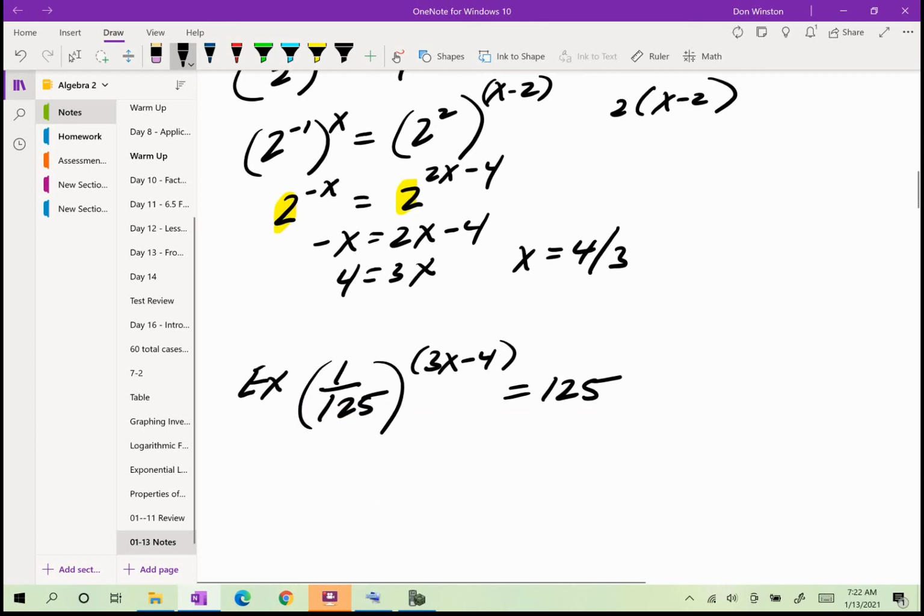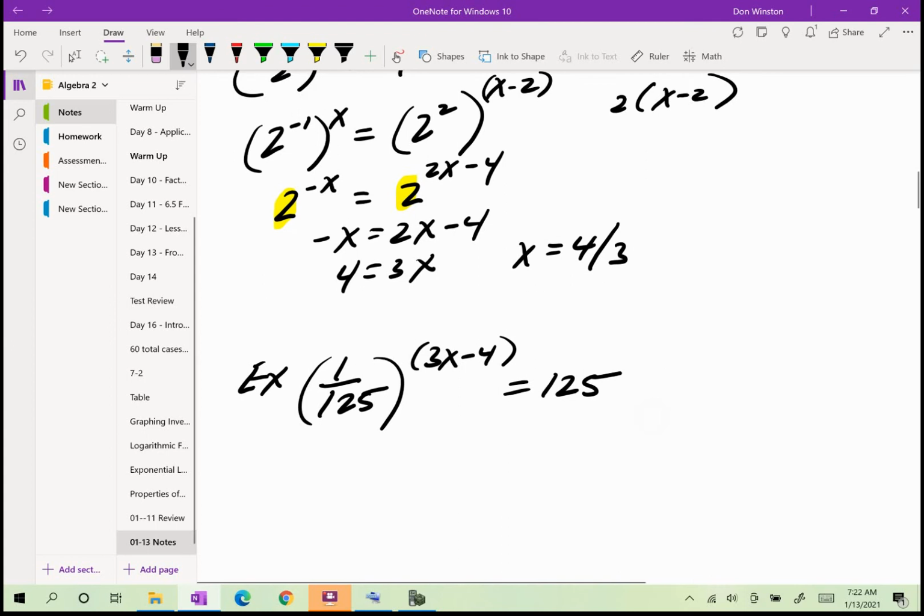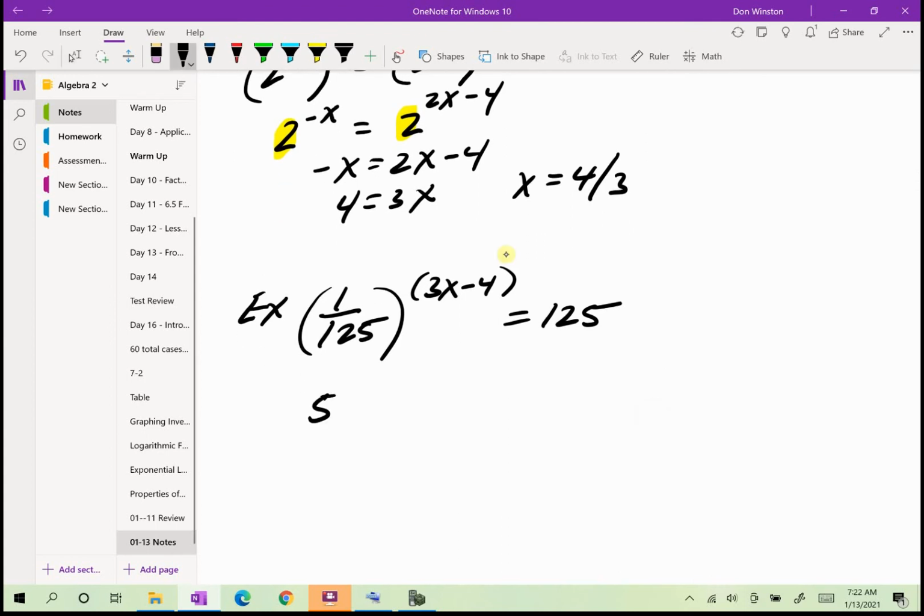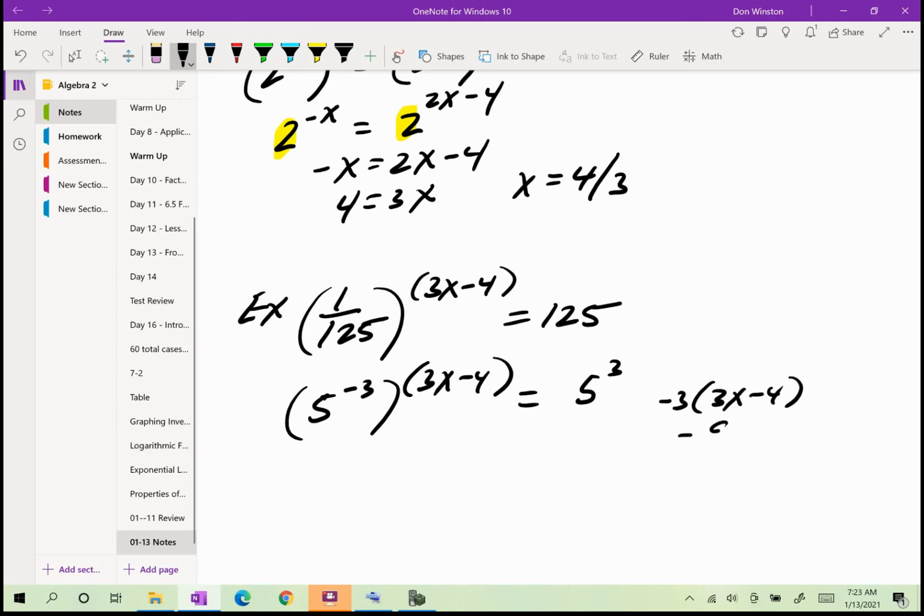Let's look at another one. Here I have 1 over 125 raised to 3x minus 4 equals 125. Again, I recognize I can find a common base, and my common base would be 5. So 1 over 125 would be 5 raised to the negative 3, and then we raise that to 3x minus 4, equals 125, which in base 5 is 5 to the third. Now I distribute my exponents. Negative 3 times 3x minus 4 would be negative 9x plus 12.